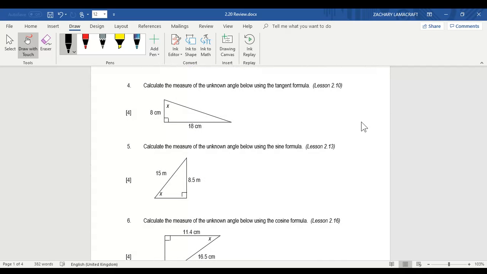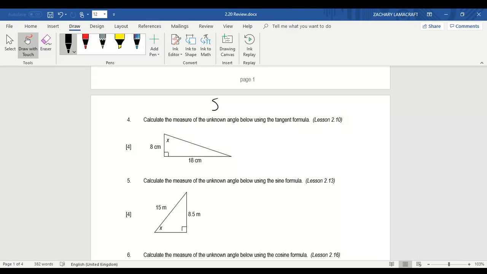All right, it says calculate the measure of the unknown angle using the tangent formula. So we know if we're going to do our test, right at the top of the test, I want you to write SOH, CAH, TOA, and that will help us with all our measurements. So in this case, we have tan because it tells us tan.